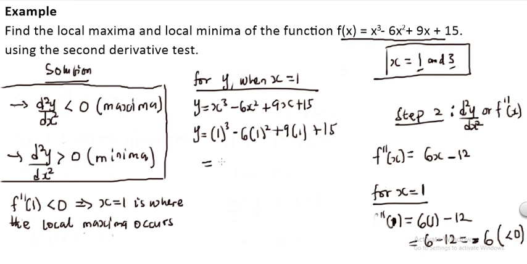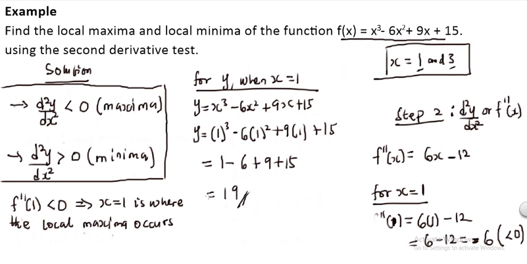So 1 cubed is 1, minus 6 times 1 squared is 6, plus 9 times 1 is 9, plus 15. If I add up everything here, I should get 19.